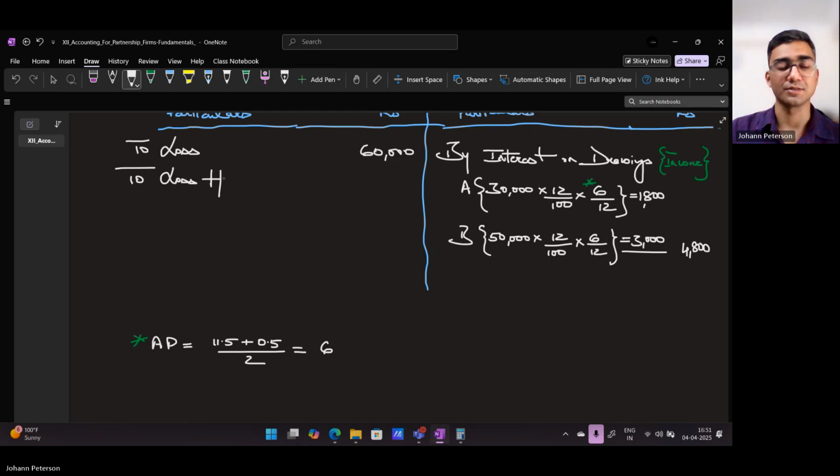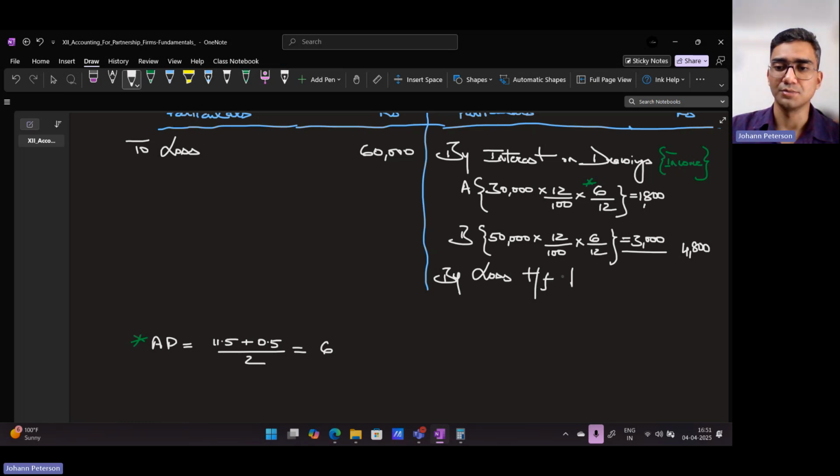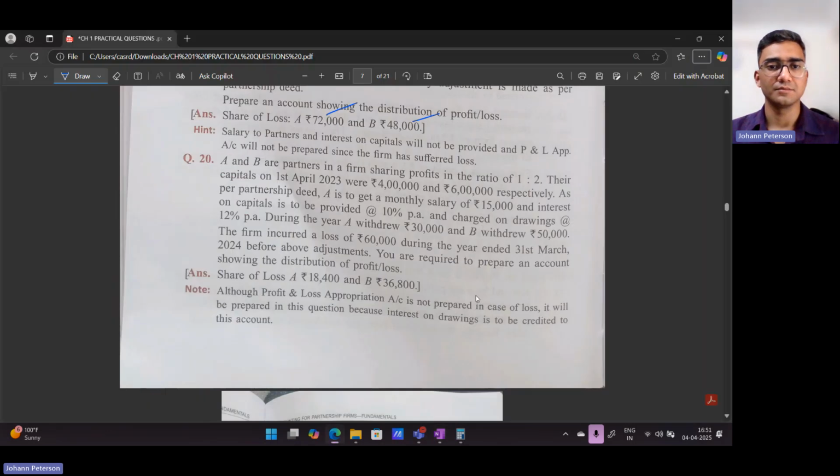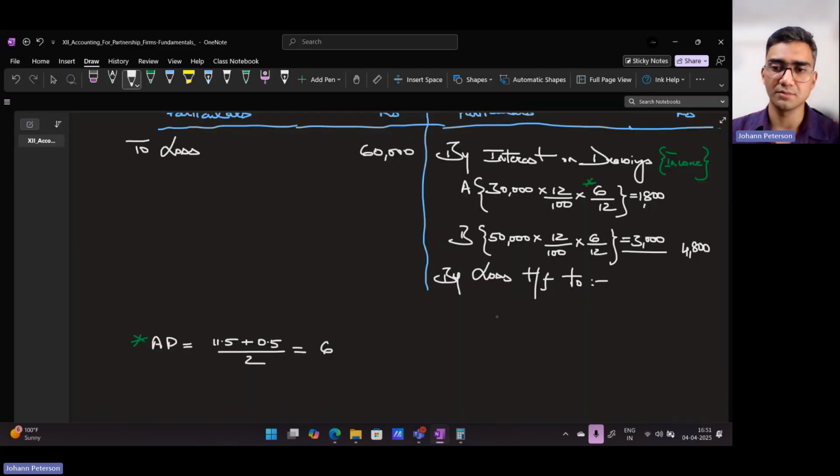Sorry. It will not come on the debit side. This will come on the credit side. Our balancing figure is left on the credit side, which we will call by loss transferred to. Which kind of an account? We have been told the capitals were this and this. So nothing is mentioned. So therefore, this is the fluctuating method that they're following.